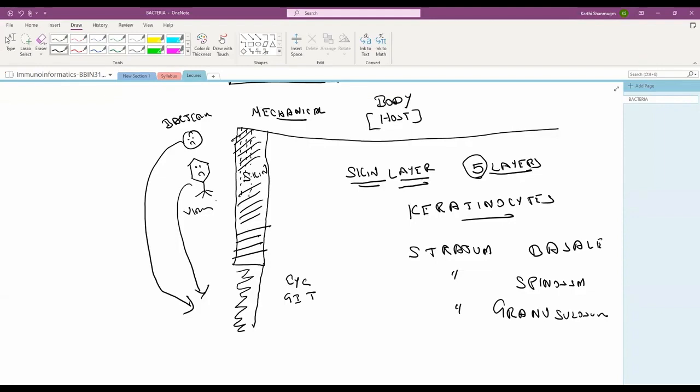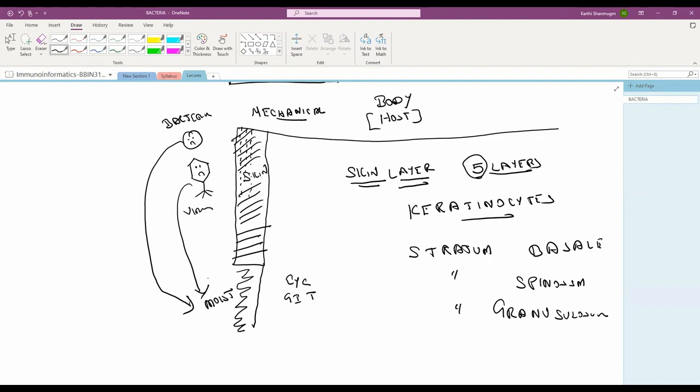But naturally, if you think of the mucous membrane of the eye or gastrointestinal tract or the reproductive system, you can find some kind of moisture on the surface of those mucous membranes.